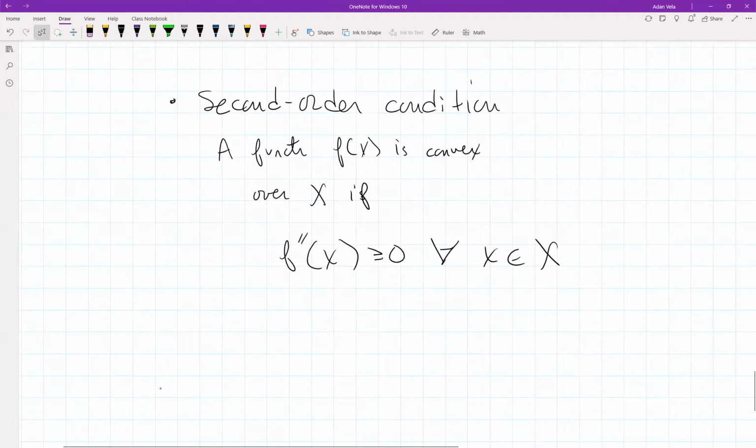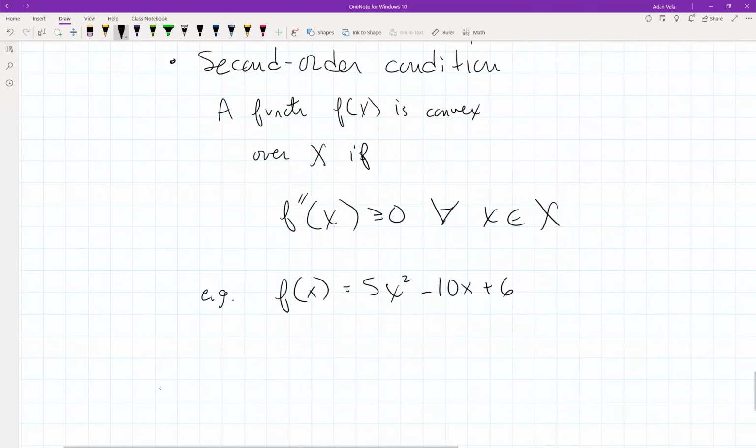So let's give a quick example of that. Let's say we had the function f of x equal to 5x squared minus 10x plus 6. All right, so we can take the first derivative. What do we got? 10x minus 10.